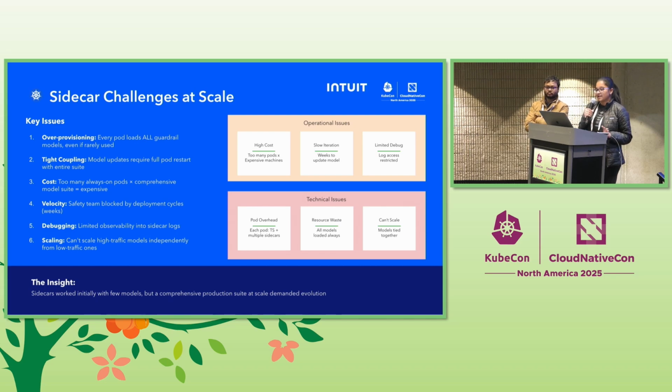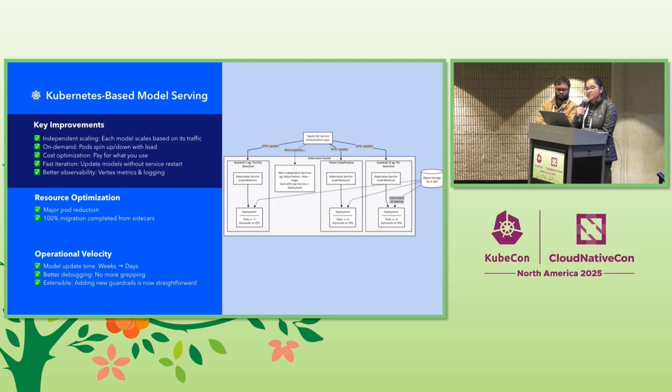So given this landscape and the issues we were dealing with, we wanted to evolve to a place where we could utilize a Kubernetes-based model serving to solve and address all these challenges. So what we eventually ended up doing from here is we decided to try out a Kubernetes-based model serving and creating a service for every model or a family of models.